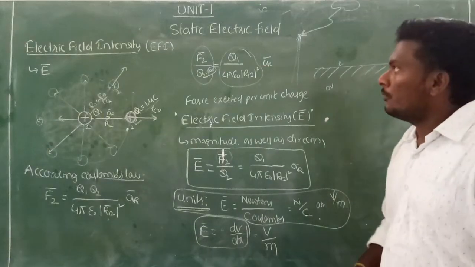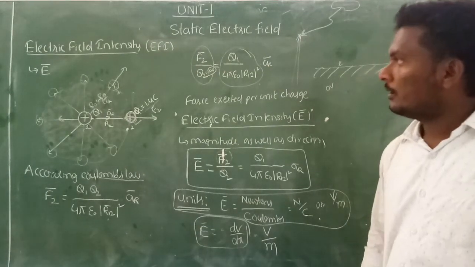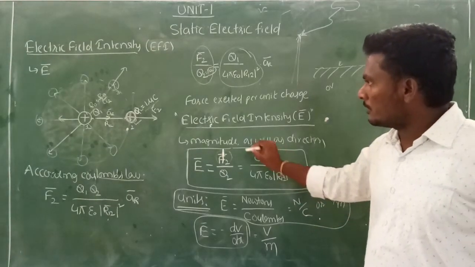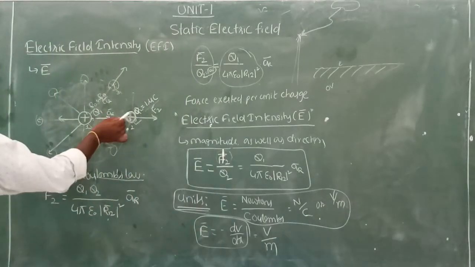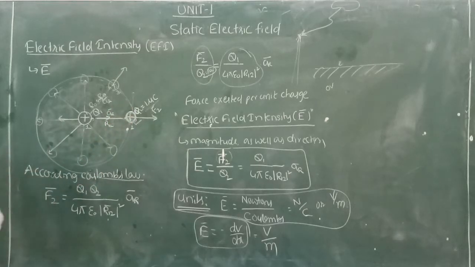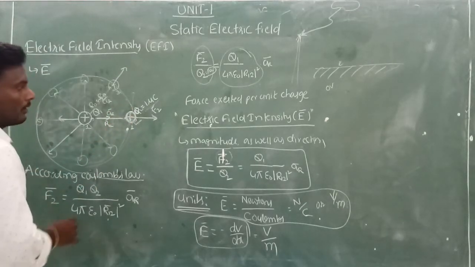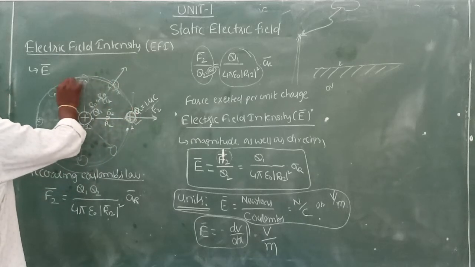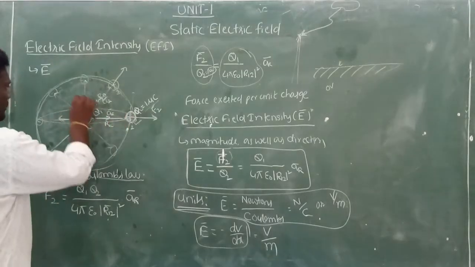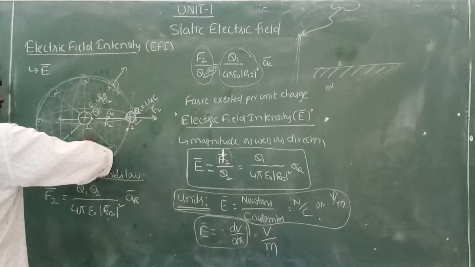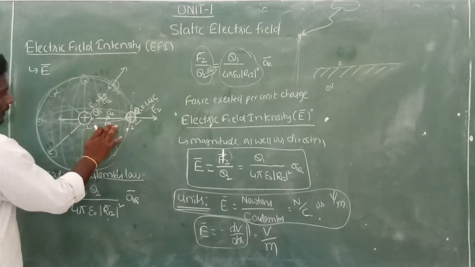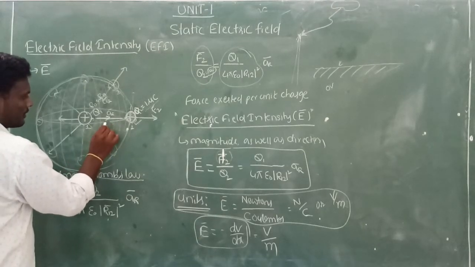See, up to now we have discussed the electric field intensity definition and units. Now suppose this arrangement is there in a sphere. Listen carefully. Consider this is a sphere like this, and consider the radius of the sphere is small r.